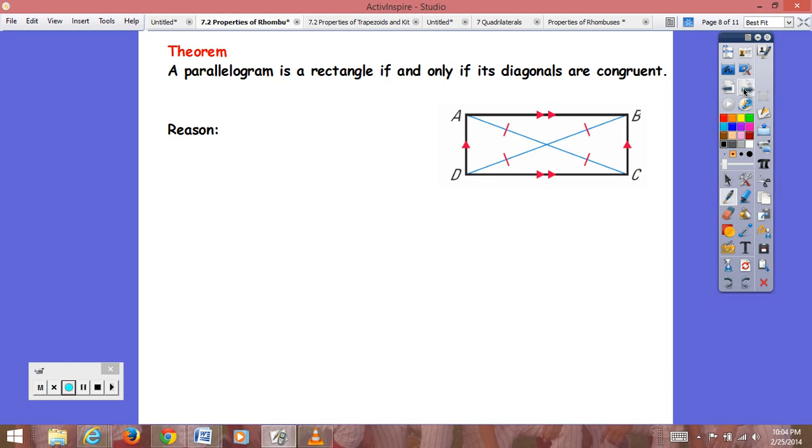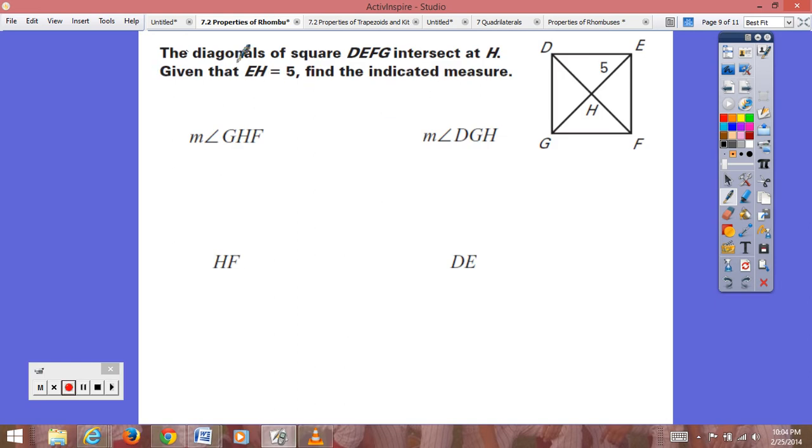So the diagonals of square DEFG intersect at point H in the middle. And if we are told that EH equals 5, we're going to try and find the measures of these four unknowns.